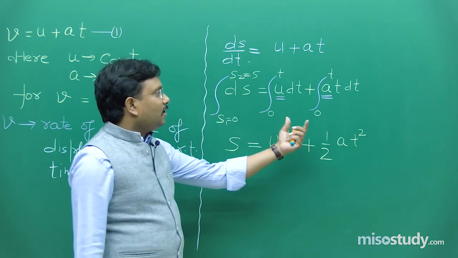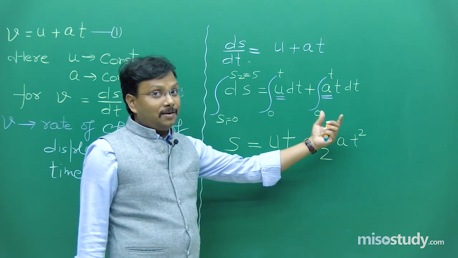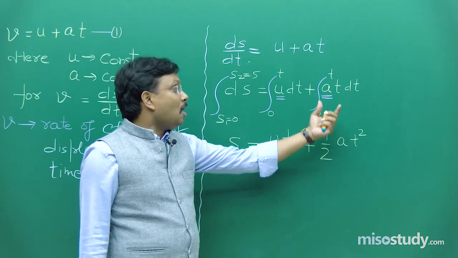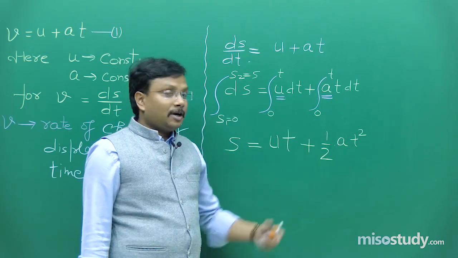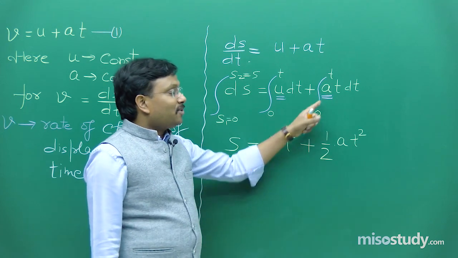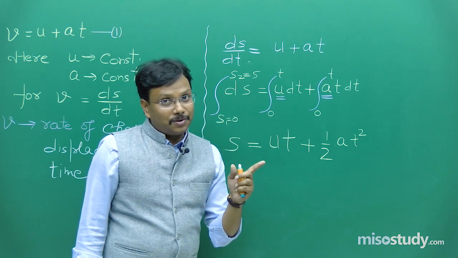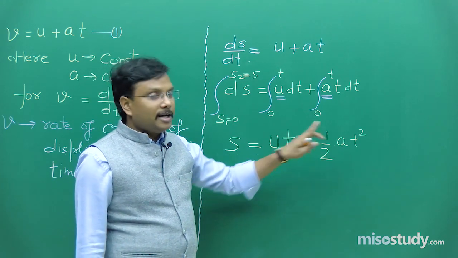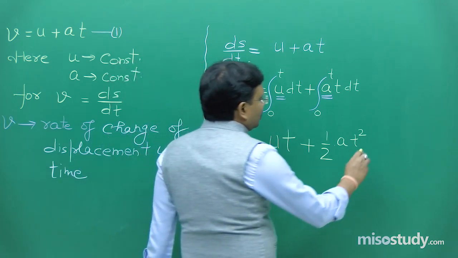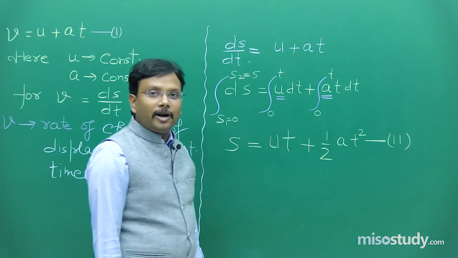Now, in this integration, if you are not regularly revising our previous videos, obviously few of you will find it difficult, but if you try to recall, this is something which I very specifically mentioned during those videos. Fine. So, S is equal to ut plus half at square. Don't you think it is my second relation, well known second relation, old friend?